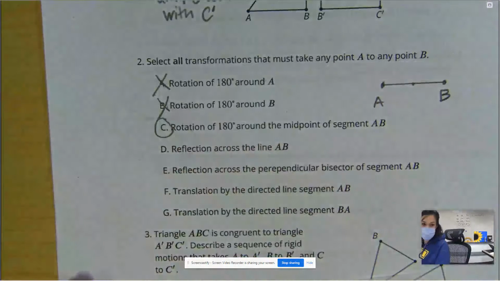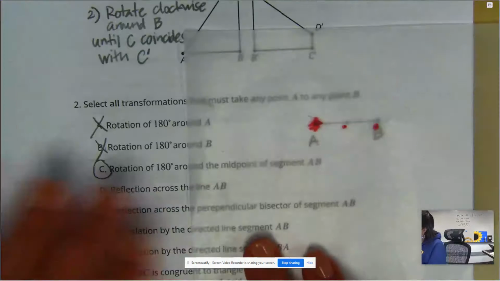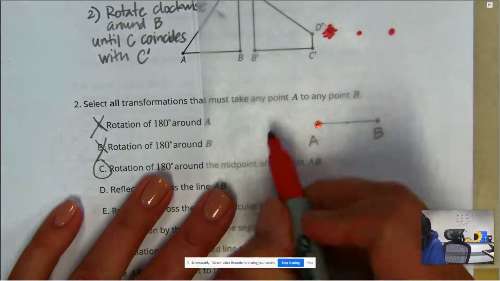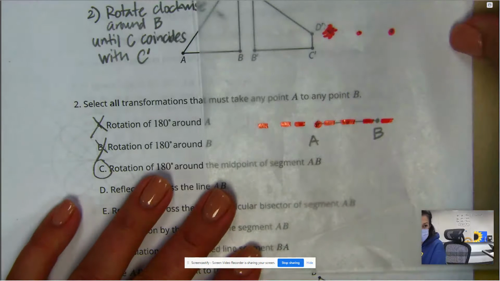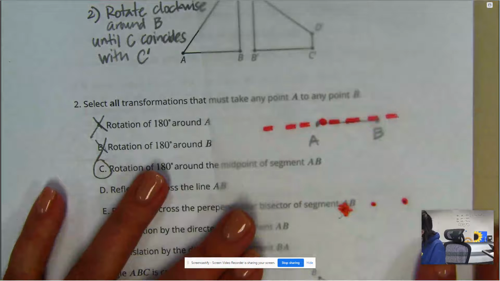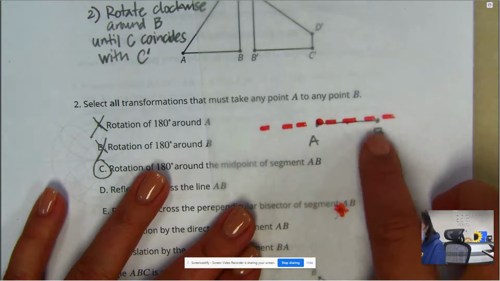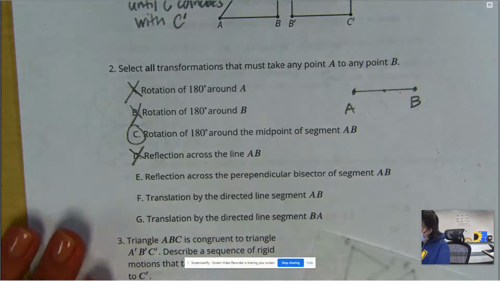Yes, it does. Reflection across the line AB. Okay, let's start over. Here's A. Here's the line AB. If I reflect across this line, I'm going to flip the paper over. Point A stays on that line. Point A does not move to point B. Reflection across the perpendicular bisector of segment AB.